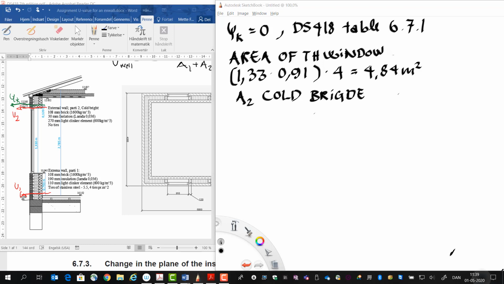Then I want to calculate A2, which is the core bridge. And if I make a small drawing of the core bridge, we have here the window, and then we have the core bridge here at the side.